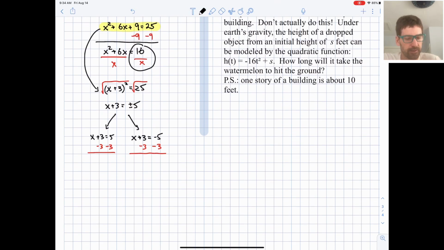And we have on the left, our one final answer is x is 2. And one final answer is x is negative 8. So those are our two solutions. And the big trick there was to realize that we had some perfect squares that we could deal with.